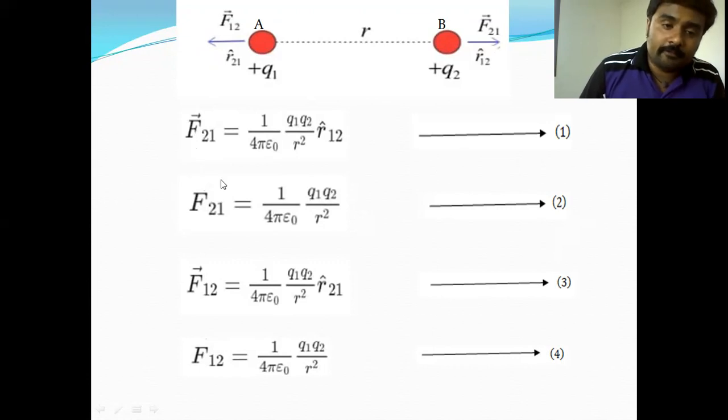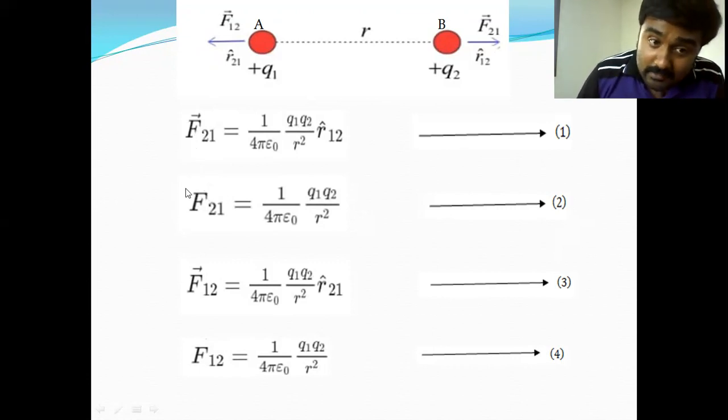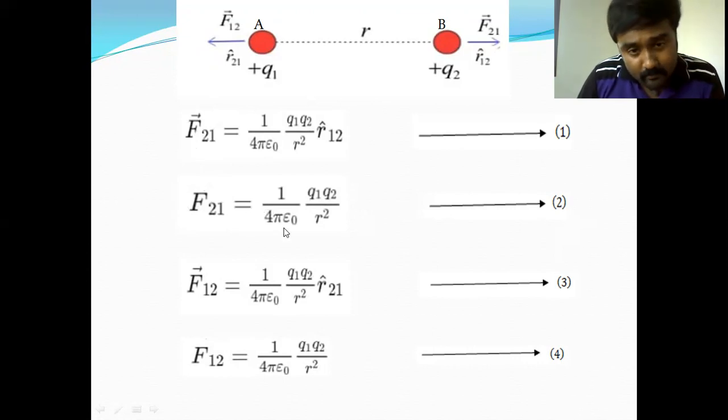So the magnitude of the F21 vector, F21, is equal to 1 divided by 4 pi epsilon naught, Q1 Q2 divided by R square, and the magnitude of R12 cap is 1. The force acting on plus Q1 due to plus Q2, also repulsive, can be calculated using Coulomb's law in vector form: the F12 vector is equal to 1 divided by 4 pi epsilon naught, Q1 Q2 divided by R square, times R21 cap.